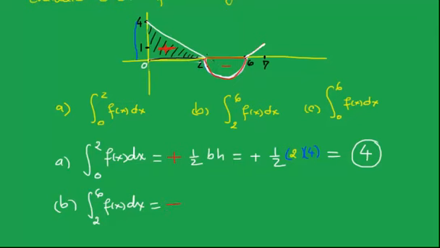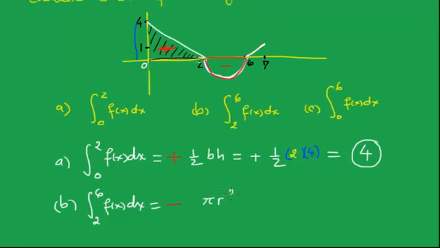And since we have half a circle, we know the area of a circle is pi times radius squared, but we have half a circle, so we multiply by 1/2. And what's the radius of this circle? The diameter is the length from 2 to 6, that's 4, so the diameter is 4, and the radius is half the diameter, so it's going to be 2.